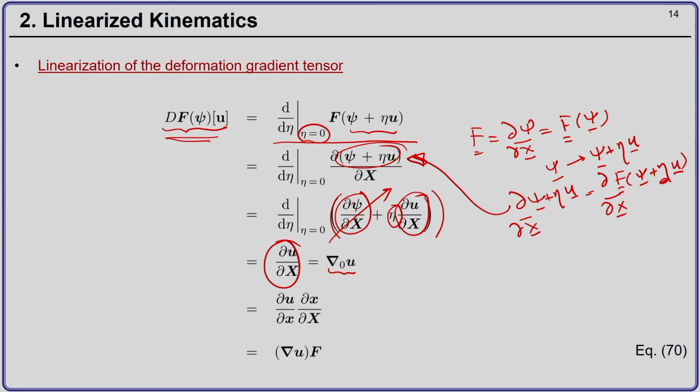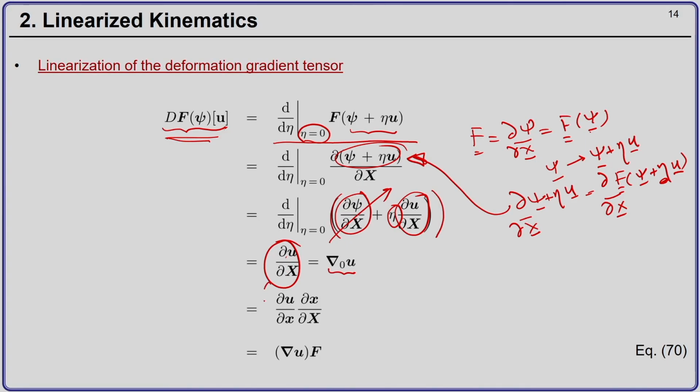Now, I can simplify it further to get a relation in terms of the gradient of u in terms of the spatial coordinate. So, I can write del u by del X as del u by del small x into del x by del capital X. Okay. So, del u by del x is nothing but the spatial gradient of u. Okay. So, this was the material gradient, this is called the material gradient of u.